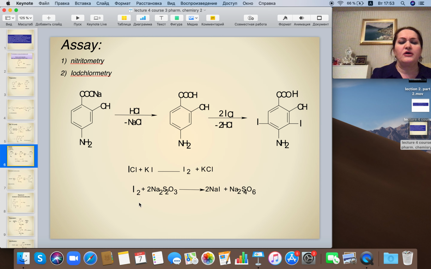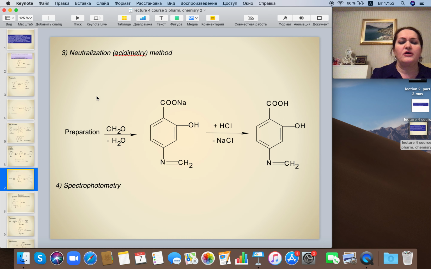The surplus, or the excess, of iodine we determine with sodium thiosulfate in the presence of starch. When we add starch to the iodine solution, we form a blue color, and when we titrate it with sodium thiosulfate, the blue color changes.